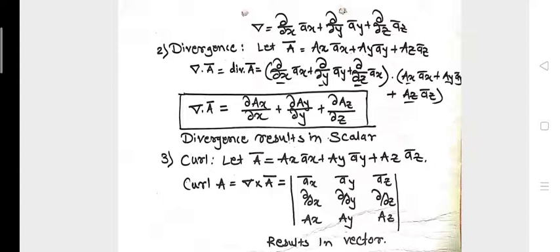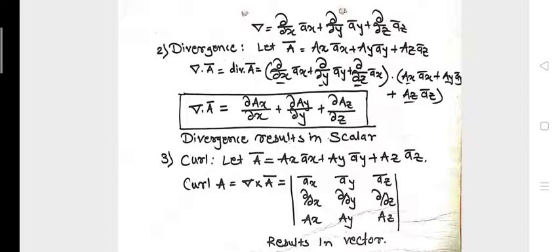So if you go through the definition of dot product, I think we have discussed one of the definitions for dot product between a bar and b bar. If you have two vectors a bar and b bar, we do the dot product between them, such as a bar dot b bar as ax bx plus ay by plus az bz. So similarly, we take the x component, y component and z component, multiplication between them, and finally we add those terms.